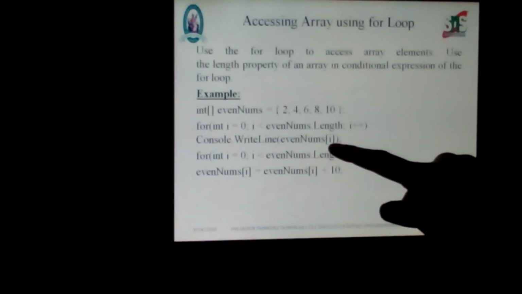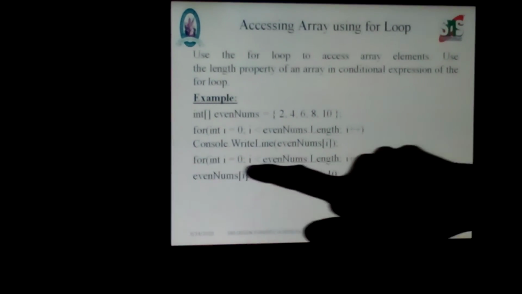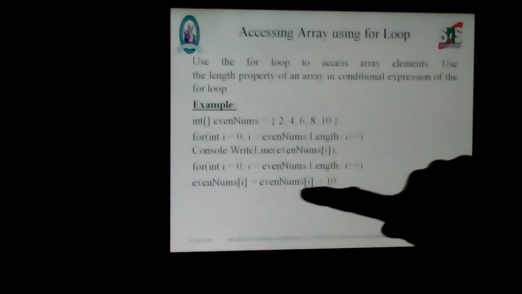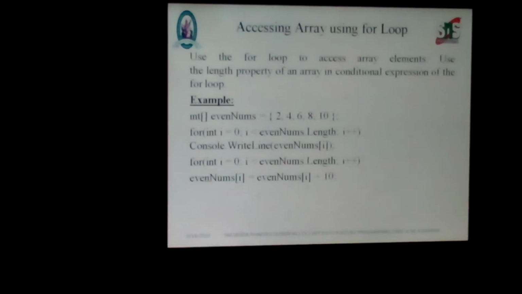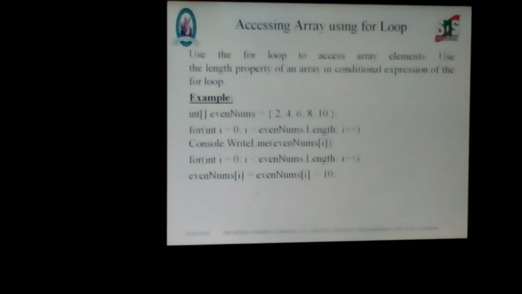So automatically index 0, 1, 2, 3, likewise it takes. And then within the for loop we specify evenNumbers[i] incremented by 10. So automatically 2 plus 10, 12, 4 plus 10, 14. Likewise we are going to get the output.